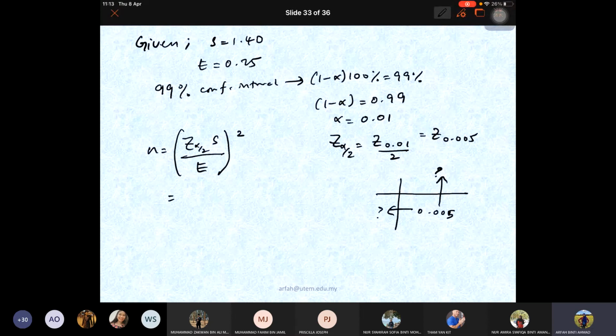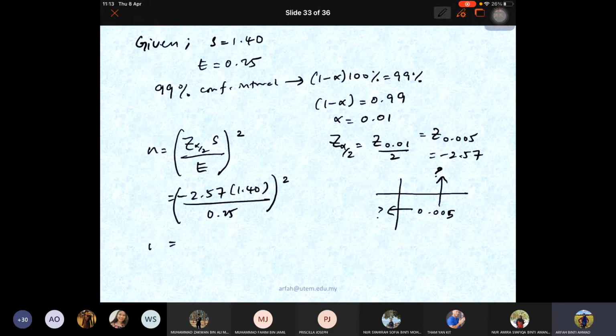Negative 2.57. Yes, betul jawapan Katie. Negative 2.57. Okay, dapat. Yang ini sama dengan negatif 2.57. So, negatif 2.57 darab 1.4 bahagi dengan 0.25 kuasa 2. So, dapatlah.